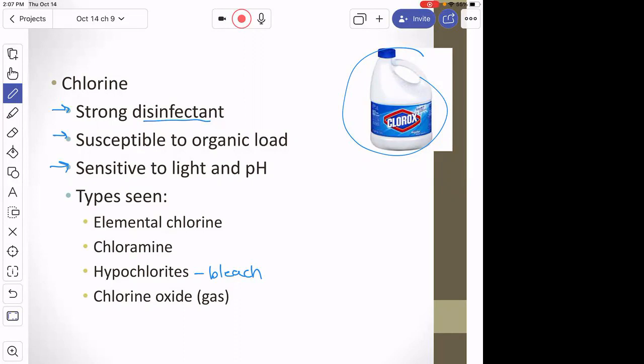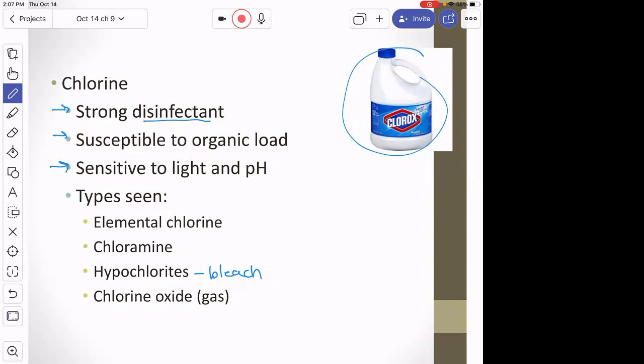So the opaque container slows down that dissociation, but really, after about 9 months or a year, that bleach has gone off. So if you buy bleach, buy it in a really small container, and then buy more when you're out of it. If you stock up and buy a whole bunch, it will probably go bad before you can use it, unless you're using it on a regular basis.